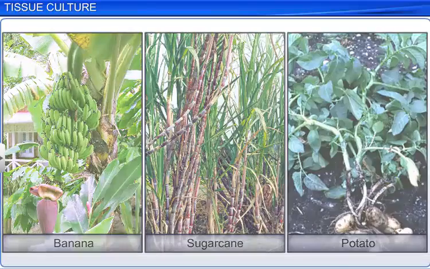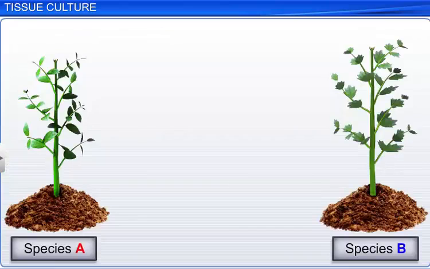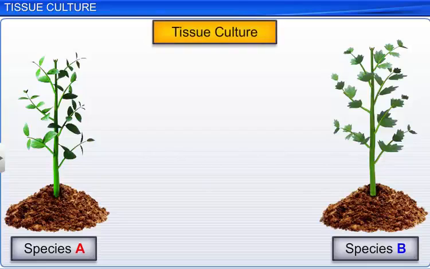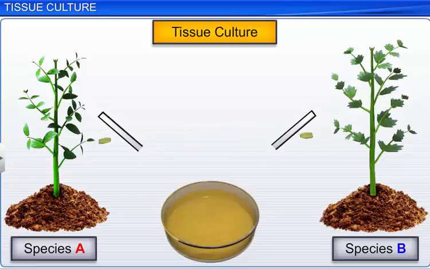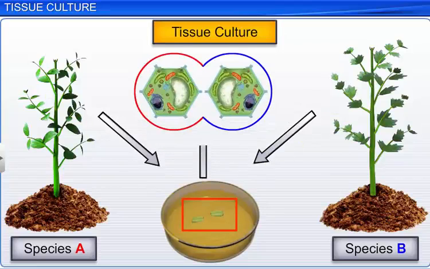In addition to asexual propagation of plants, tissue culture is also used to mix two different species of plants that are otherwise sexually incompatible. Here, individual cells are isolated from each plant species and are placed in a culture medium.